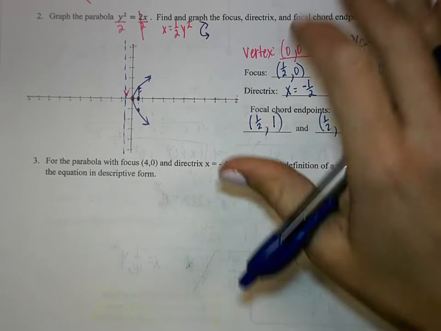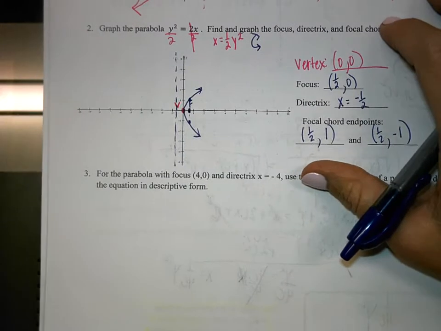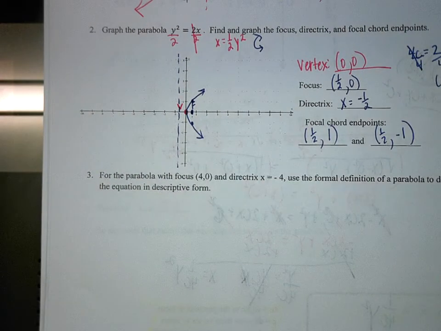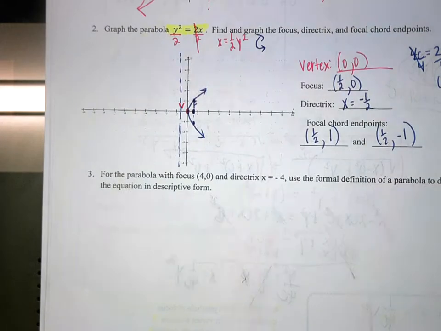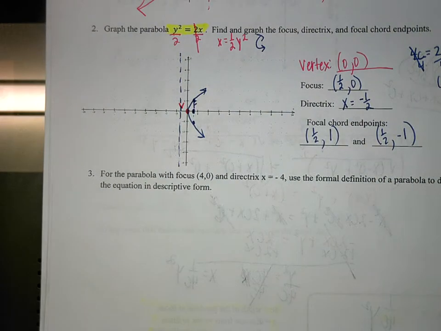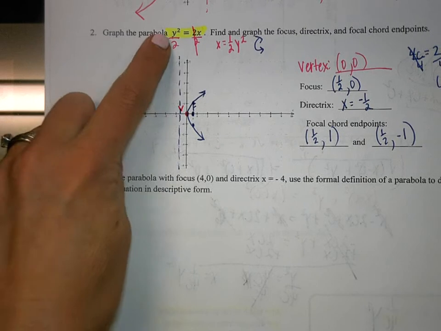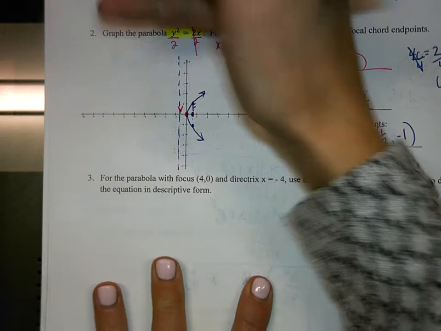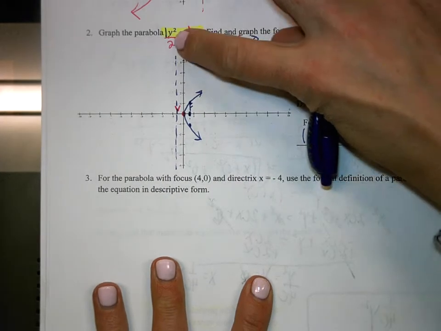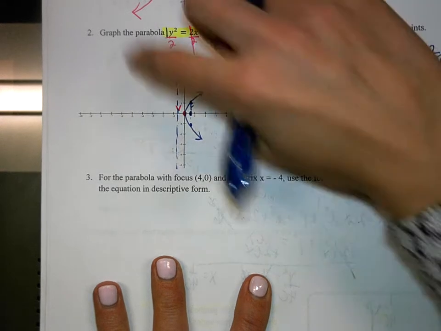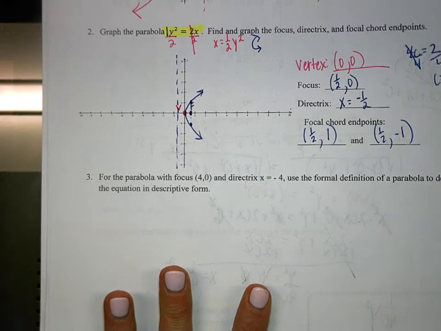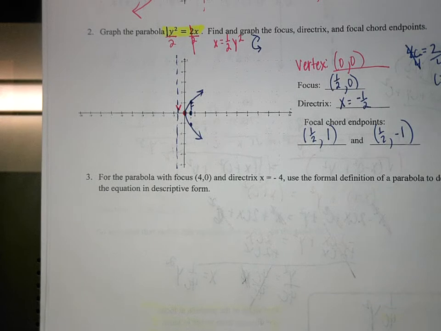Well, I'm not completely sure I understand what you're asking me, but this was the equation that they gave me. And so in order to get x by itself, you would divide by 2 on both sides. And if there's no number in front of here, remember that's a 1. And so we just wrote it as x equals 1/2 y squared. So you can't just bring that 2 to the top. I thought it was x squared. Okay. All right, any other questions?